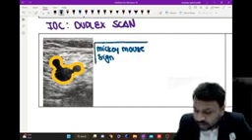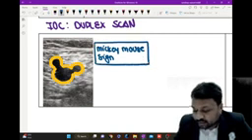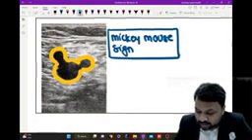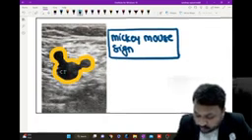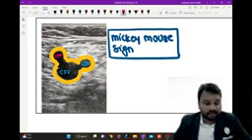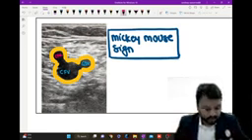In the Mickey Mouse sign, you have two big ears and a big face. The big face is the common femoral vein. This is your great saphenous vein, and this happens to be your common femoral artery, right?